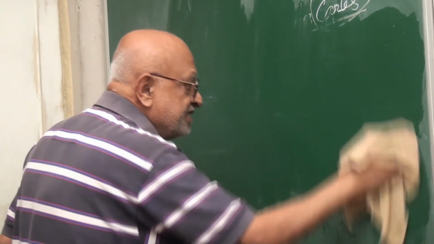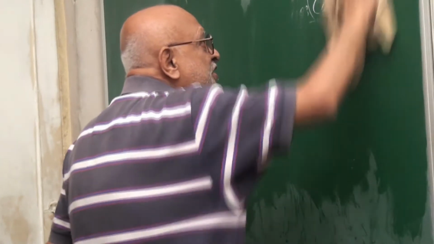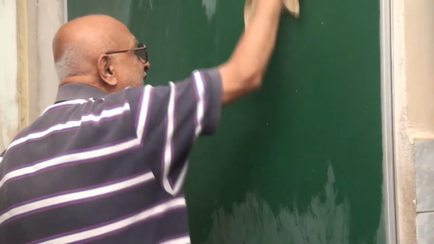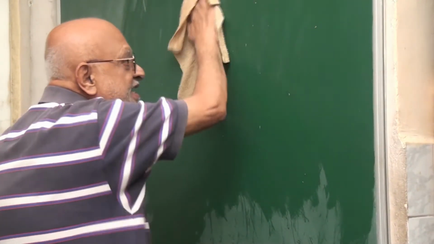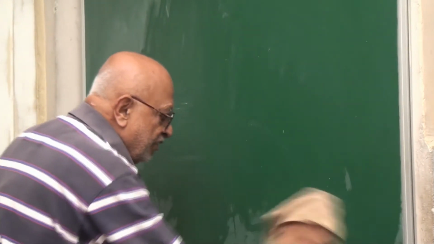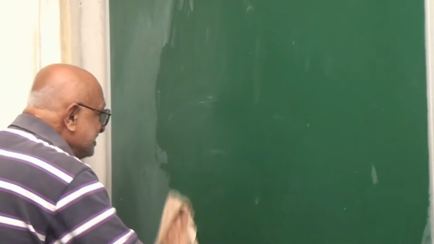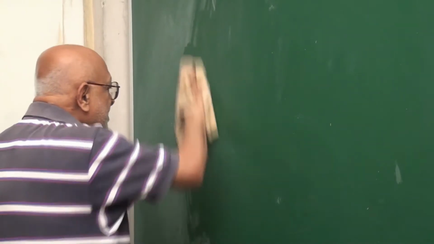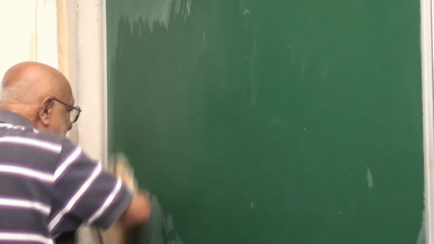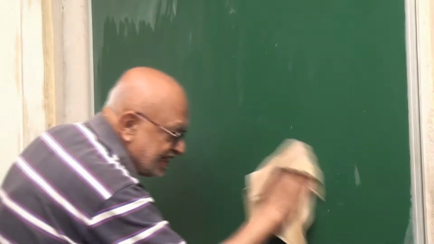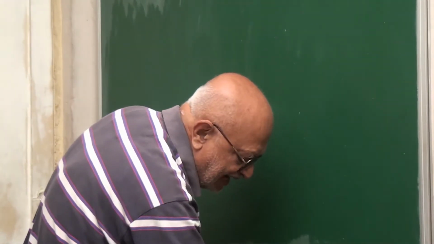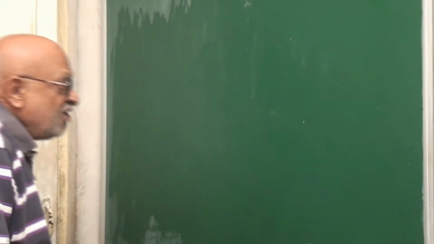A grid system in which this plane has been divided into equal parts so that it is easy to pick up the units and display the units, and then I can draw a line through it. So let us go further on this.